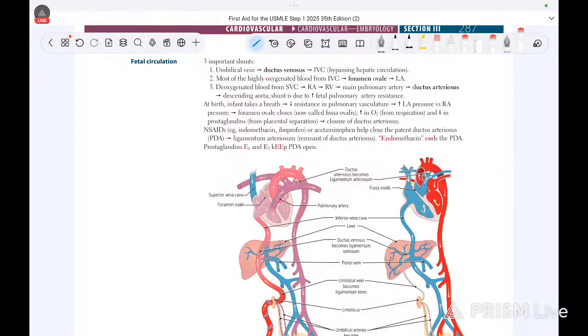Okay, when the infant takes a breath, there is decreased resistance of the pulmonary vasculature.